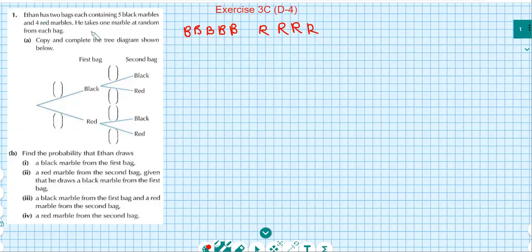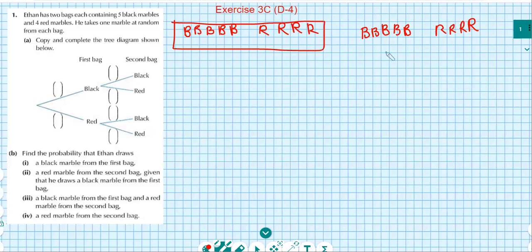He takes one marble at random from each bag. This is the first bag, whereas the second bag will be black, black, black, red, red, red. So this is the first bag, and this is the second bag.